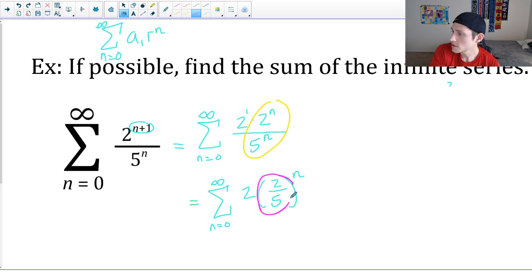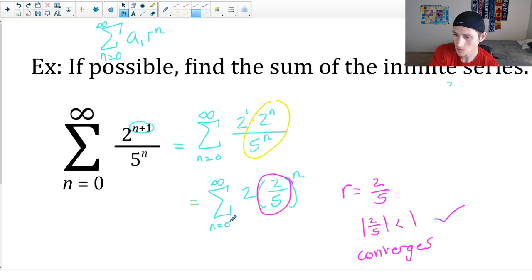Well, convergence is based upon the ratio. So if my ratio is 2/5, the absolute value of 2/5 is less than 1, which means that this series converges.